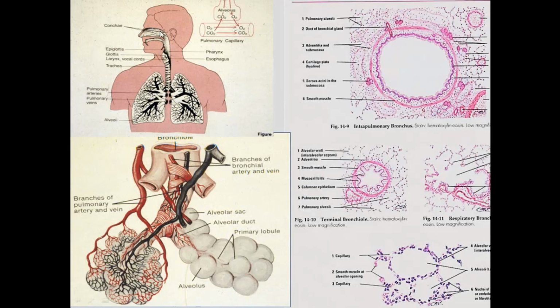So you got the conducting portion of the respiratory system, and you have a respiratory portion. Part of the conducting portion, we have the bronchus. So you come from the trachea to the bronchus, and here no longer do you have a horseshoe shape. You have plates, and these are cartilage plates that we see in the bronchus.